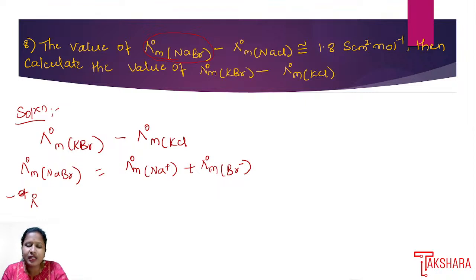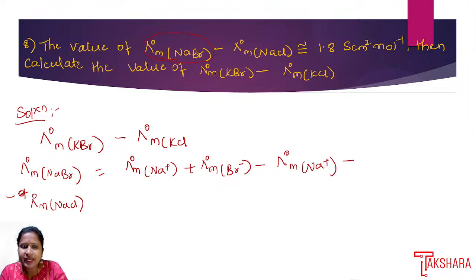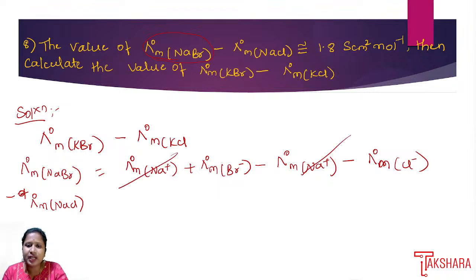When we subtract lambda naught m of NaCl, we get minus lambda naught m of Na plus minus lambda naught m of Cl minus. So Na plus minus Na plus will get cancelled. Lambda naught m of Br minus and lambda naught m of Cl minus we will get.